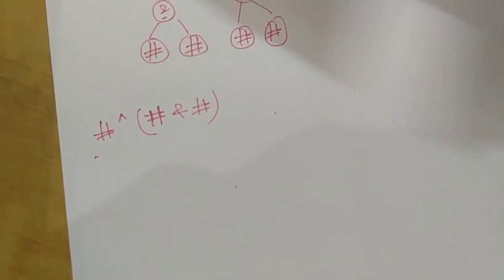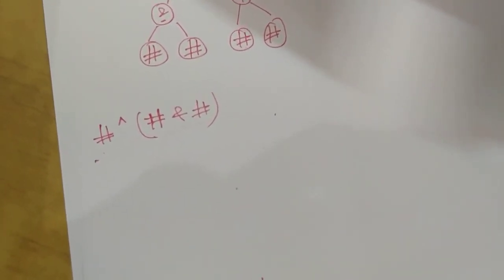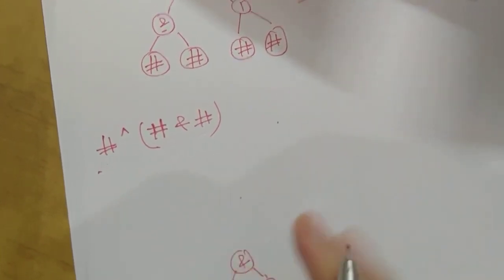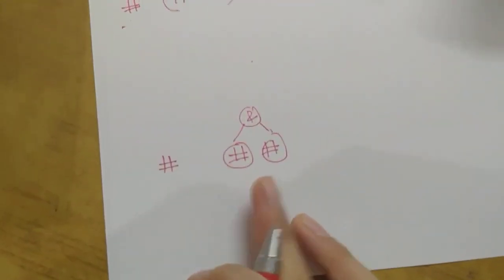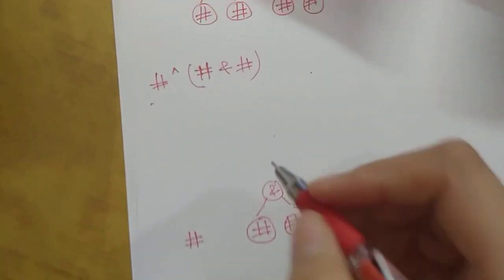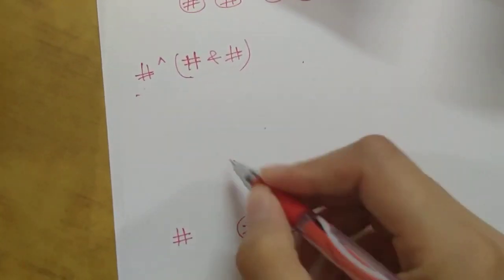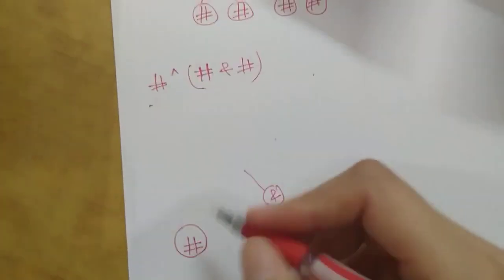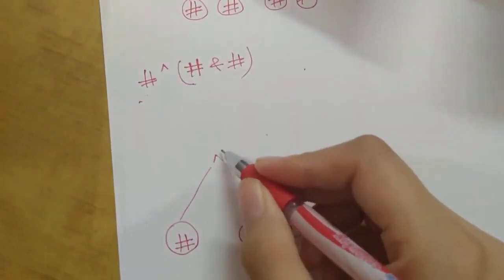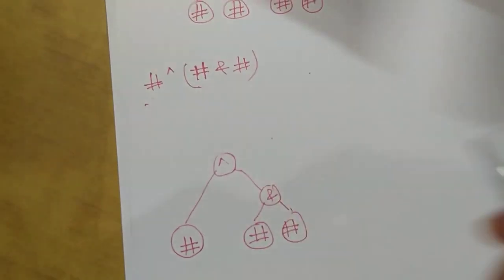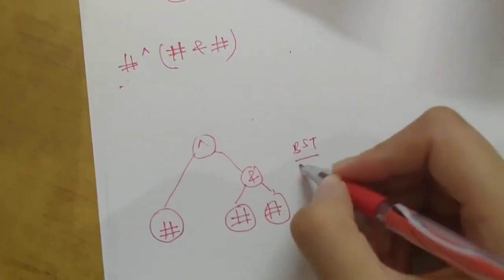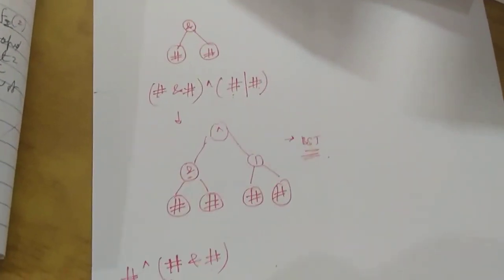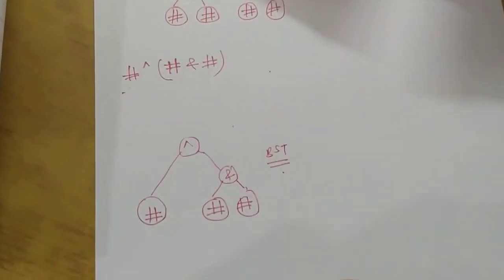So we will get hash, hash, and we have done hash, hash and its AND. The result of this will be evaluated with this hash over here and XOR. It is a BST. Simple mapping to a BST.